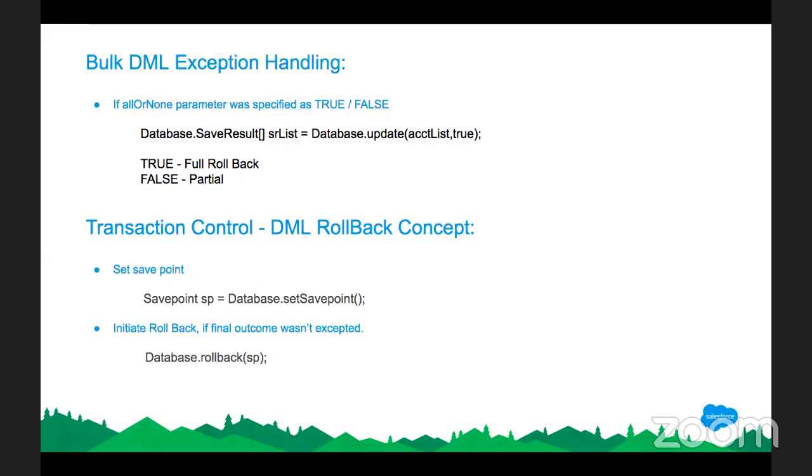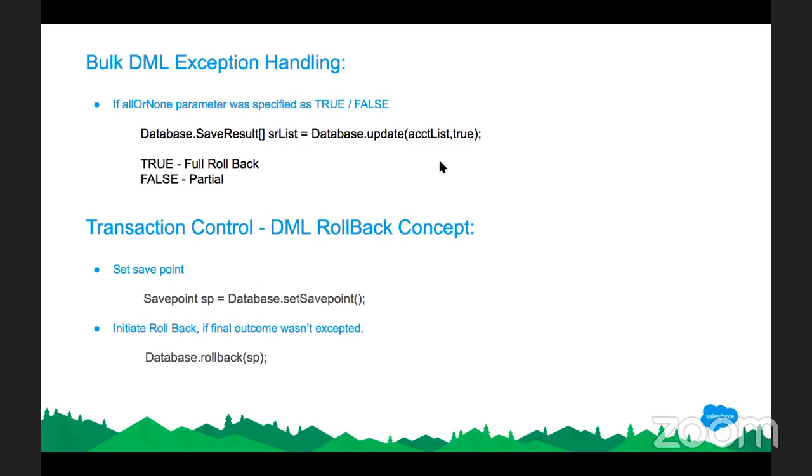One of them is Database.SaveResult, which means if you are defining the account instance directly, like insert account list, immediately if the list has any duplicate elements, or if you have validation rules that impact your DML operation, immediately you will receive the DML exception and our transaction will fail, the next action won't be performed, and it will be returned back to the calling method.